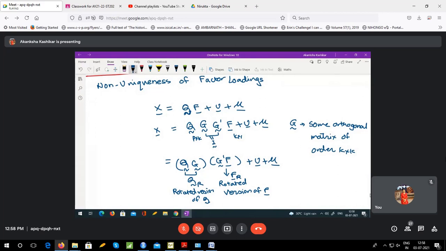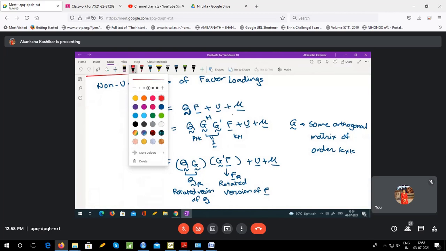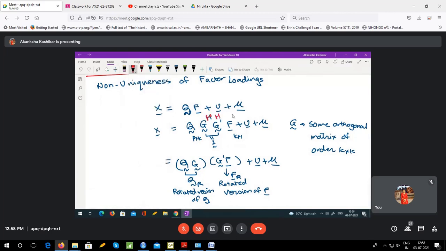But I do have another question here for you. I said we need an orthogonal matrix so that GG prime is I, so that we are not changing this. But why orthogonal? Can I have some other non-singular matrix, meaning a matrix whose inverse exists, say H, and can I make it HH inverse here?